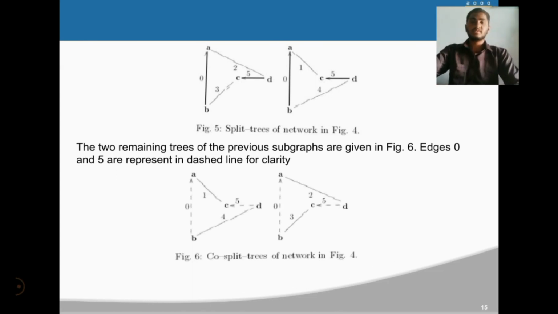That is the figure of split trees of the network in figure 4. The two remaining trees of the previous subgraphs are given in figure 6. Edges 0 and phi are represented in dashed line for clarity. And figure 6 shows co-split trees of the network in figure 4.